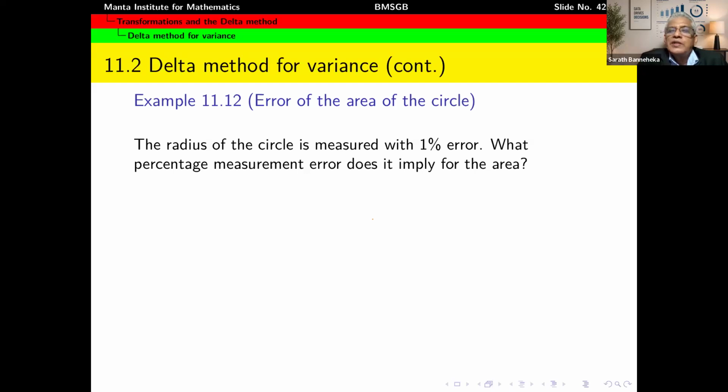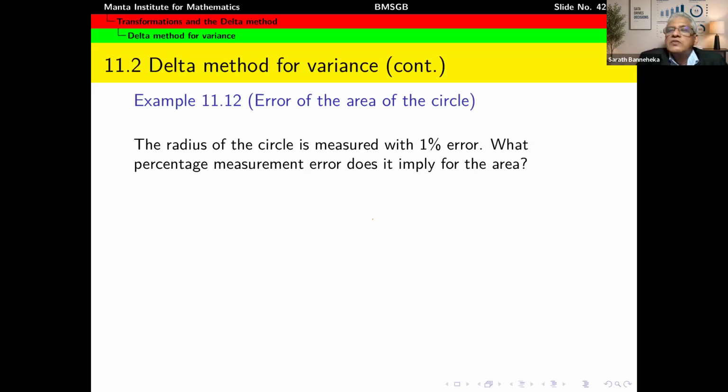But if you read the question, the radius of a circle is measured with 1% error. What does this error mean here? Different people can interpret the error in different ways. Of course, in this case, the radius of this circle is a fixed value. We don't know the radius; that's why we are measuring it.